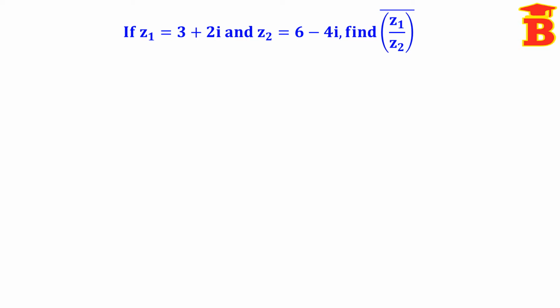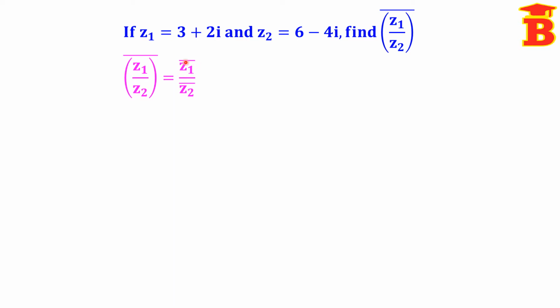If Z1 equal to 3 plus 2i and Z2 equal to 6 minus 4i, find Z1 divided by Z2 whole bar. Now we know the formula Z1 divided by Z2 whole bar is equal to Z1 bar divided by Z2 bar. The two complex numbers are given.